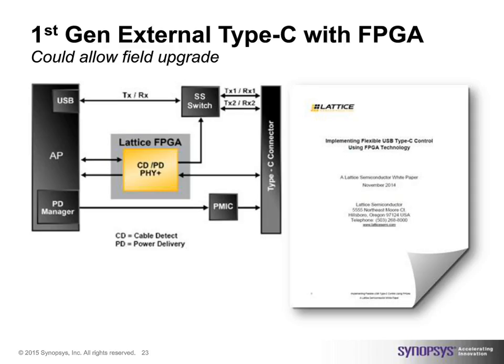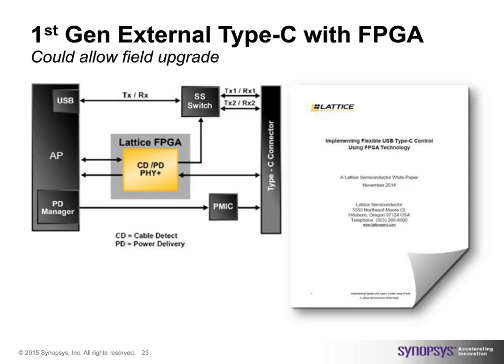A product firmware update could also include an update of the Type-C FPGA. And remember that depending on your product complexity, you do need some sort of CC logic. The dual PHY only solved the problem of the switch, or the dual data paths.